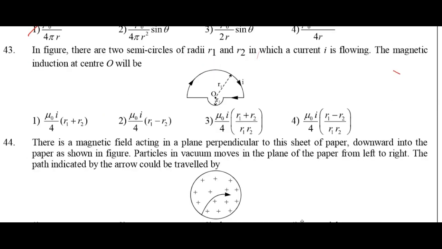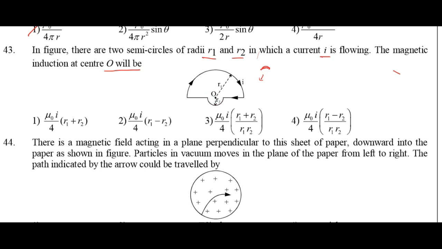In the figure, there are two semicircles of radius R1 and R2 in which the current I is flowing. The magnetic induction at O will be... Now, if you curl your fingers in this direction, the thumb points downward, so the magnetic field is downward.